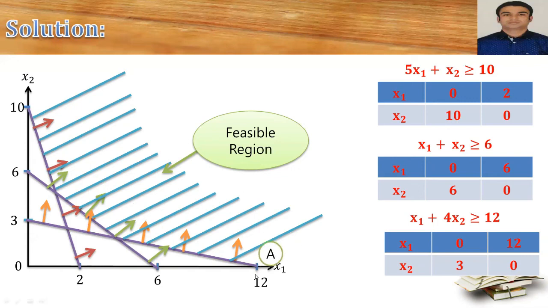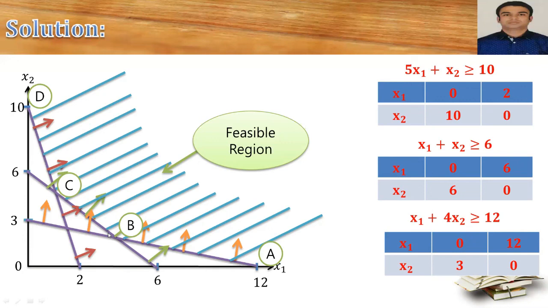The first point is A, the second point is B, the third point is C, and the last point is D. Here four corner points are defined. What is the value of each corner point? The value of A is (12, 0).